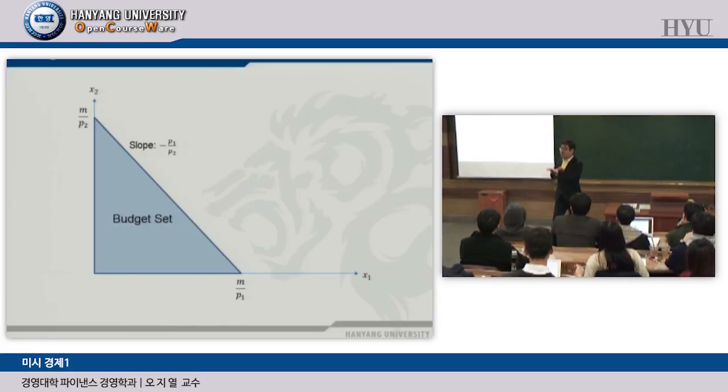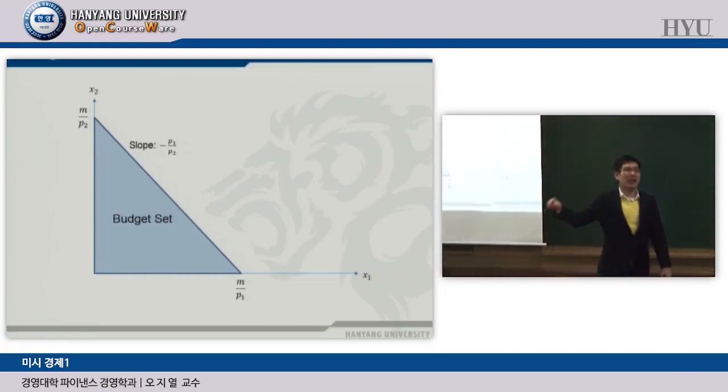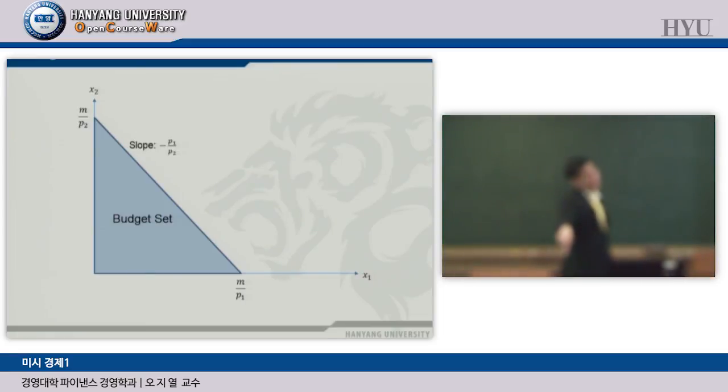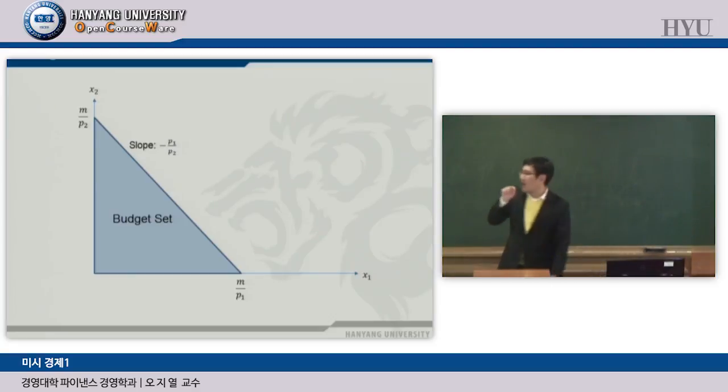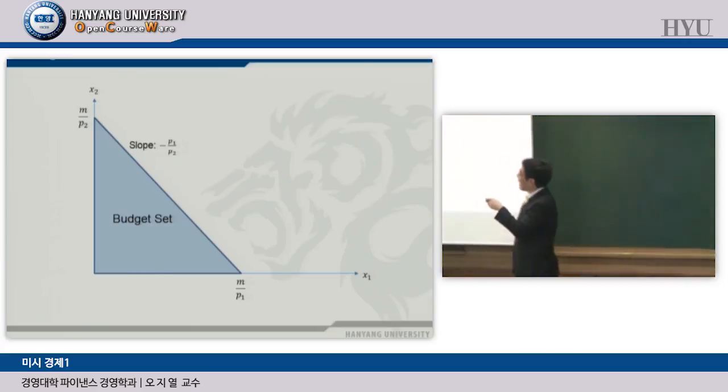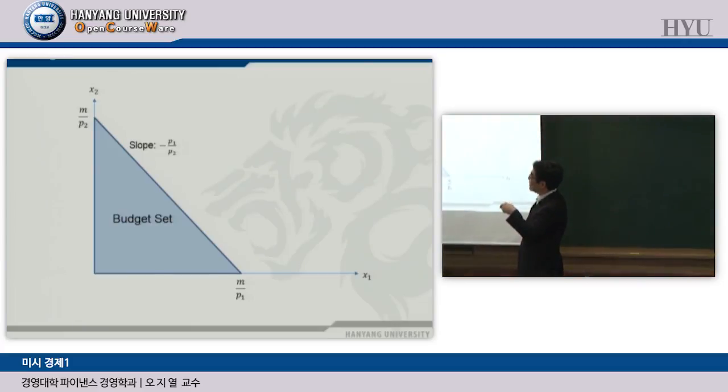In other words, if you spend your monthly saving on chicken alone, how much chicken can you buy? M over P2. And M over P1 represents if you live for a month only on beer. Yeah, I've seen a friend do it for about 2 days, but not a month. Then how many bottles of beer can you buy? Okay, so that's what these intercepts represent.